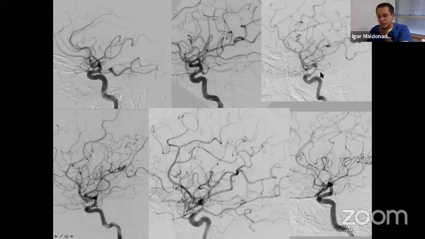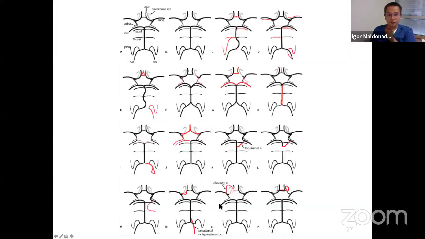And then you can have even a very tiny PCOM, as you see here, or maybe even absent, as in this case. With an enlarged emergence, as in this case of the infundibulum, and then a very large PCOM, which has the same diameter as the PCA. The P1 may be completely absent here, and this is what we call a fetal variant.